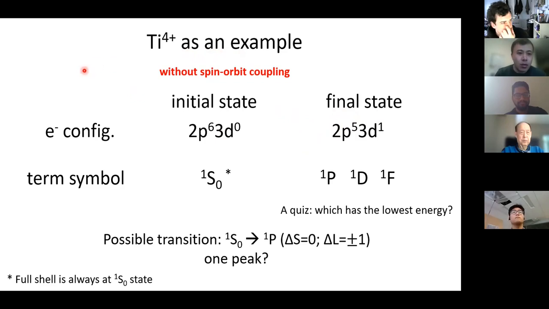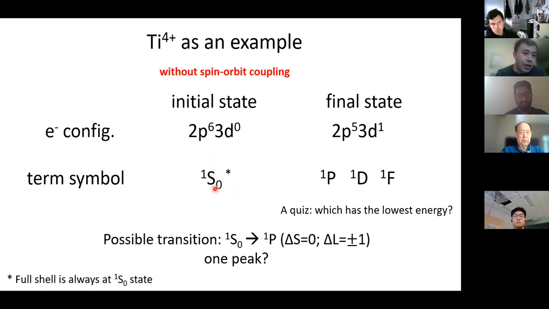Okay, so let's continue looking at the term symbol. For the initial state, this is a very simple 1S0, and this applies to all the full shells, right? Once we have the full shell, you always have zero spin because all the electrons are paired up. So your big S is 0, so 2S plus 1 is 1 here, right?